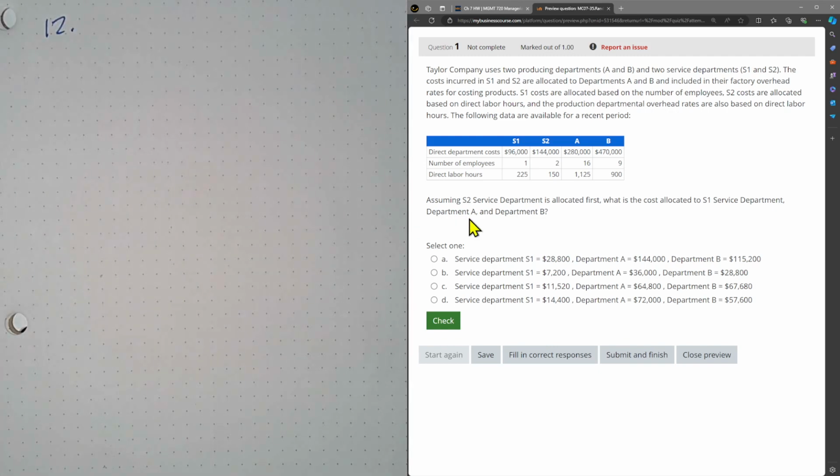Okay, so question number 12. Assuming S2 department is allocated first, what is the cost allocated to S1, department A and B?